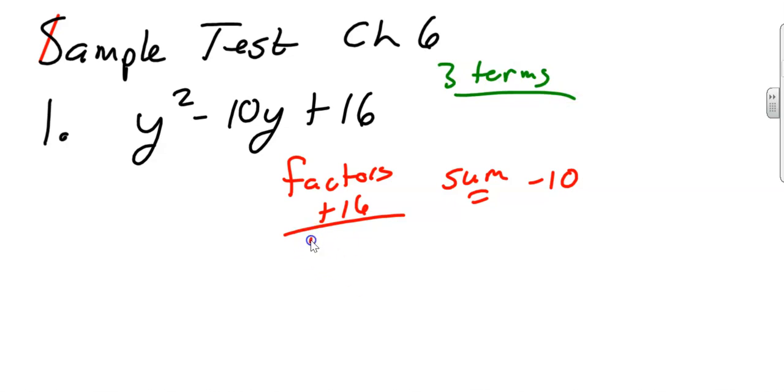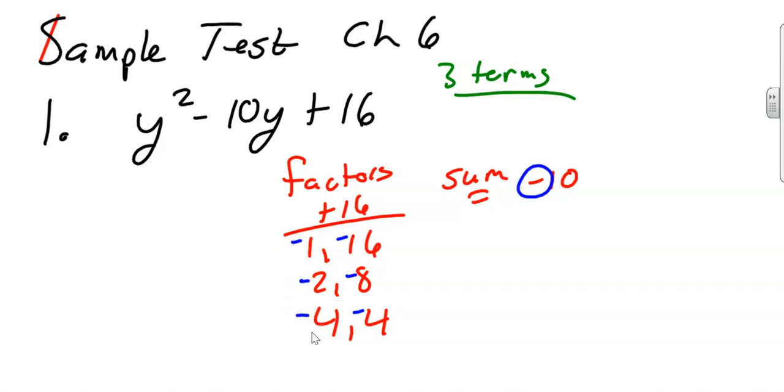Okay, start checking your factors: 1 and 16, 2 and 8, or 4 and 4. And because the B term is negative, that sign always has to go with the bigger number. Now, in this case, 4 and 4, it's a tie, so it doesn't matter which one you put there. If you do a positive divided by negative, that is a negative, so they're both going to be negative.